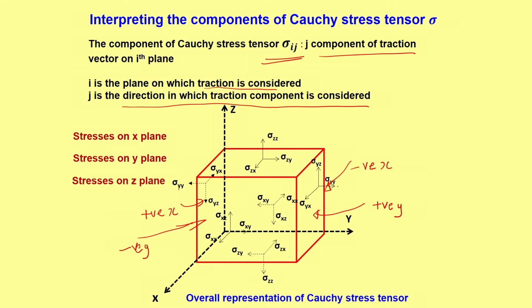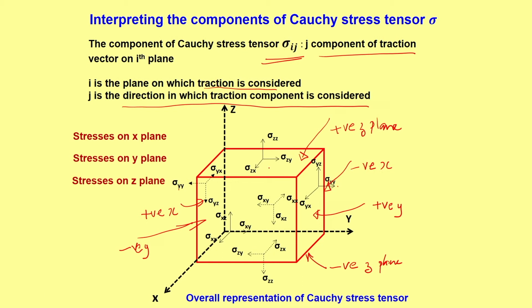Then we have stresses acting on z plane. What are the stresses acting on z plane, and which are the z planes? This is positive z plane and this is negative z plane, and the stresses acting are sigma zz, sigma zx, sigma zy.